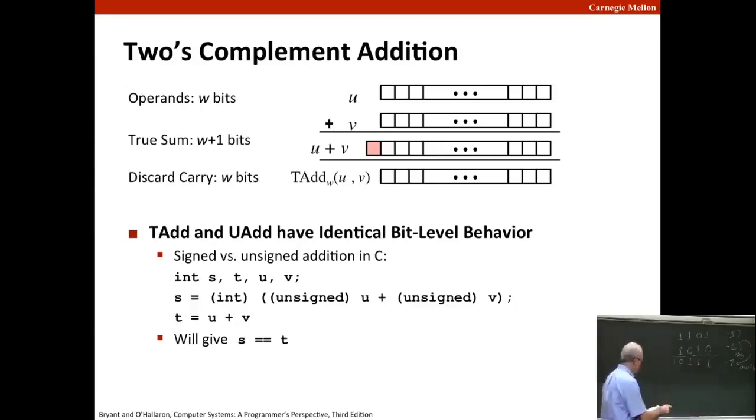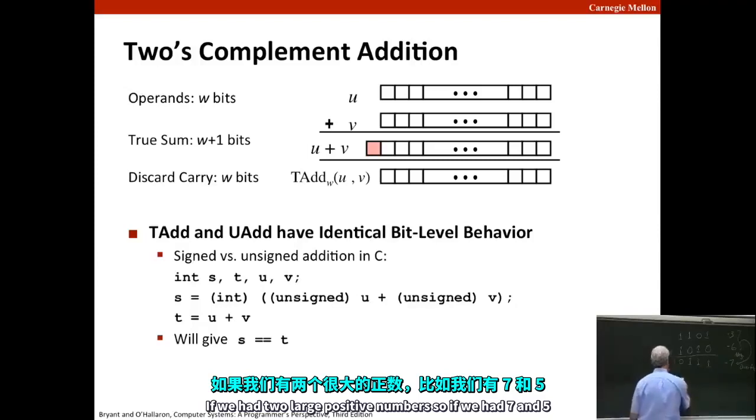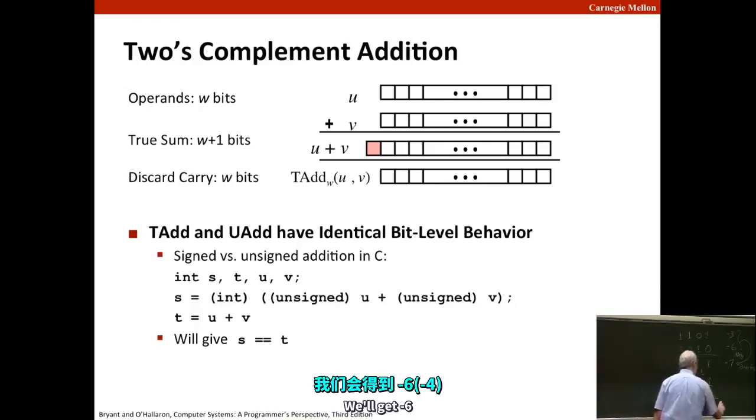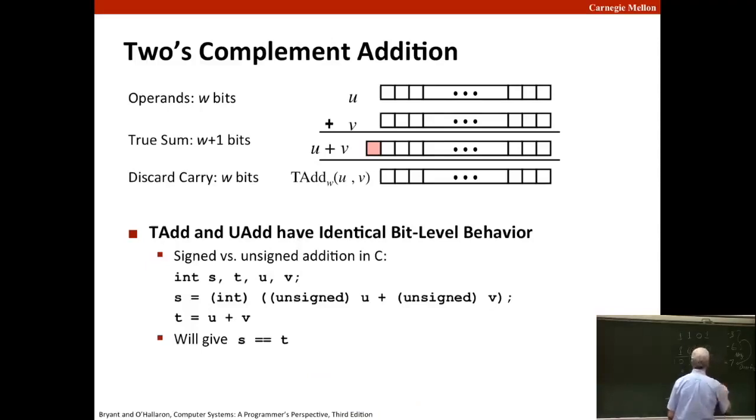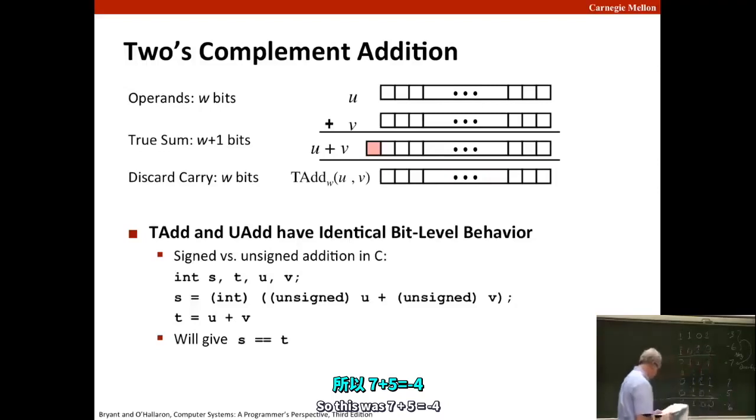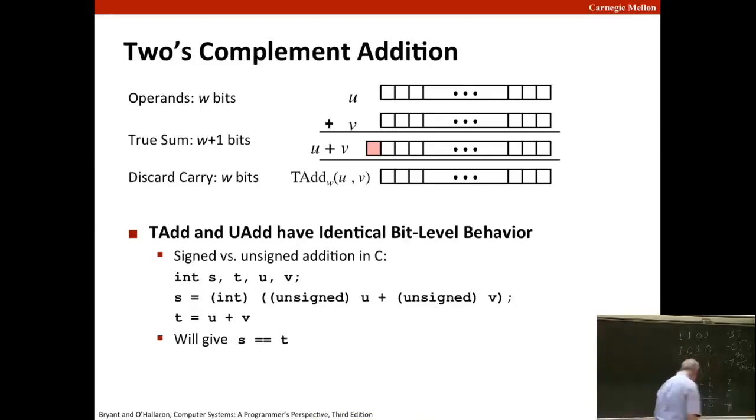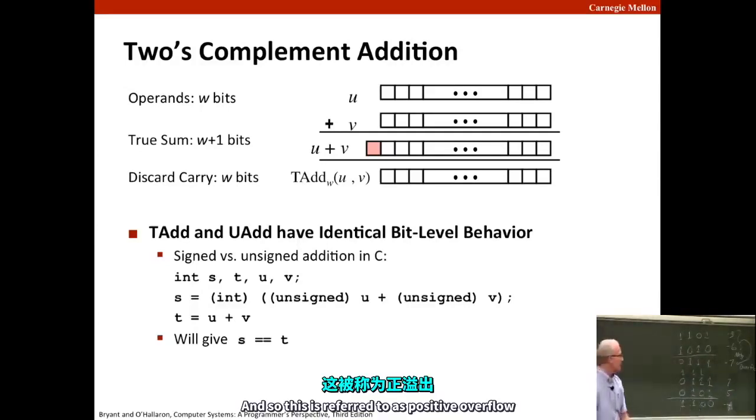And then going the other direction, if we had two large positive numbers, so if we had 7 and 5, we'll get minus 6. So this was 7 plus 5 is minus 4. And so this is referred to as positive overflow.